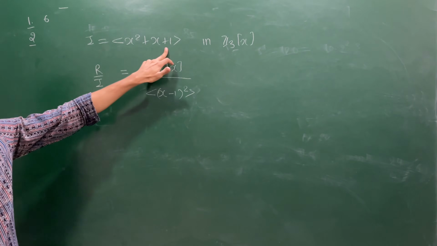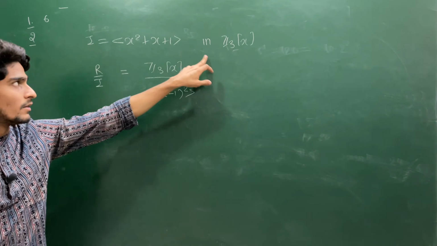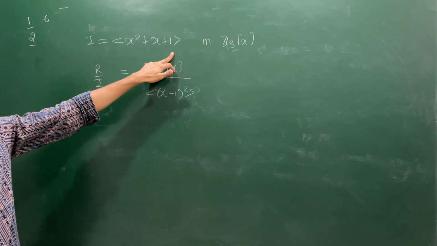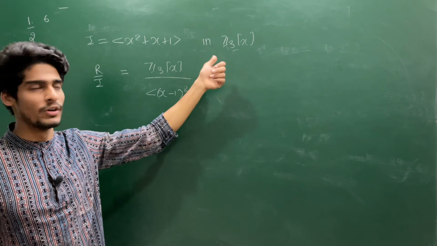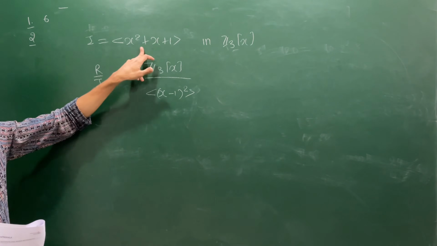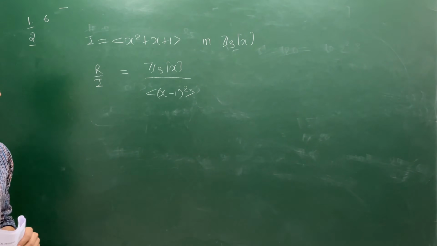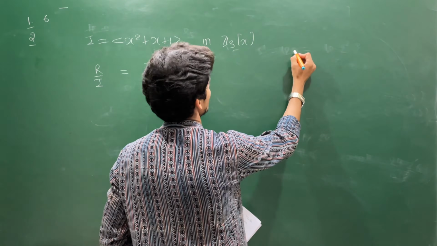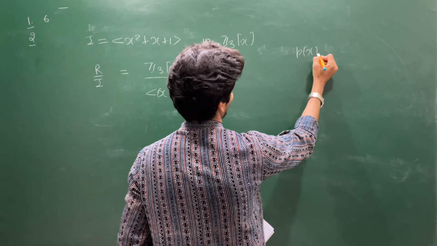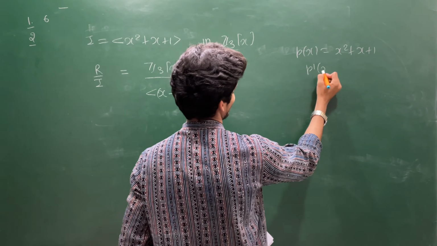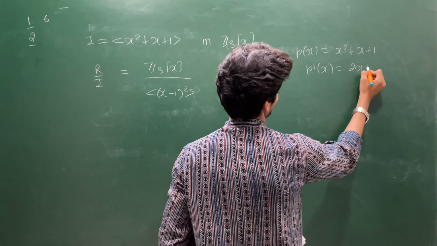X square plus x plus 1. If you put 1, then you will get 1 plus 1 plus 1, that is 3. But 3 means 0 in Z3, because if you divide by 3, you will get a remainder 0. So 1 is a root of this polynomial. Again, 1 is a repeated root, because if you differentiate this, suppose this p(x) is x square plus x plus 1, you will get 2x plus 1.